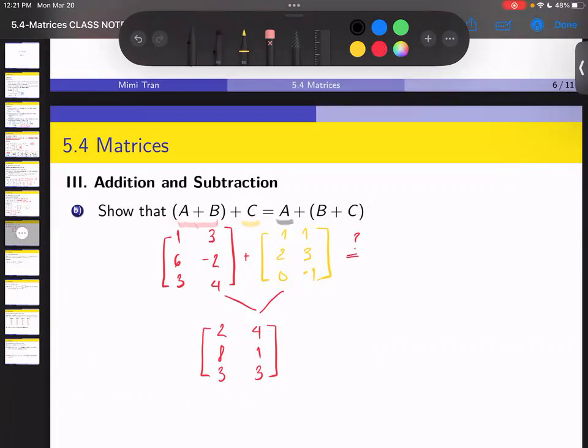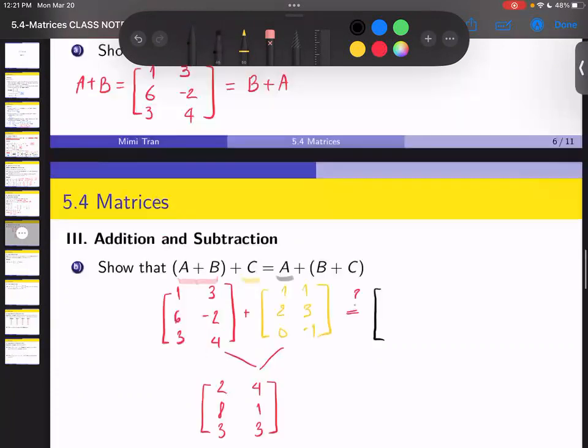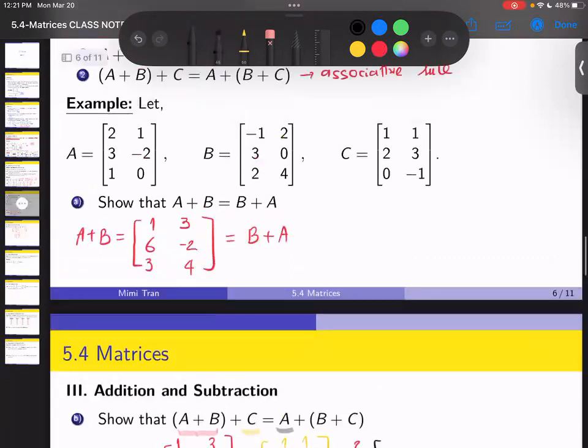Let's do matrix A. A is 2, 1, 3, -2, 1, 0.